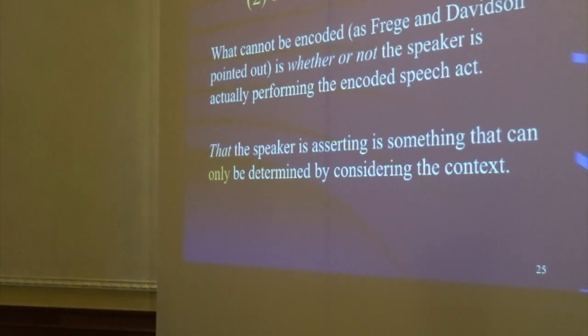The interrogative sentences are designed for asking questions. So the sentence indicates that its role is to ask a question. But of course, when you utter an interrogative sentence, you may not ask a question. There are many contexts in which you're not actually asking a question. For example, you can have rhetorical questions, or you can say, is the Pope Catholic? And you're not really asking a question when you're doing this.